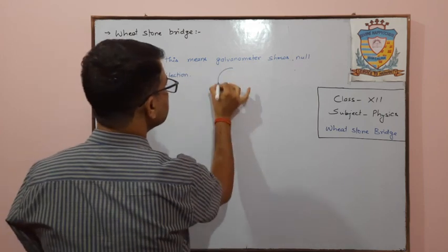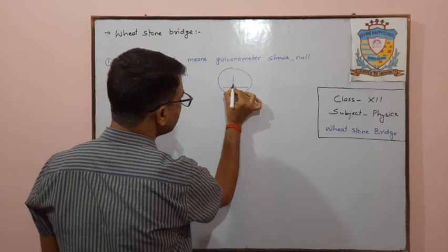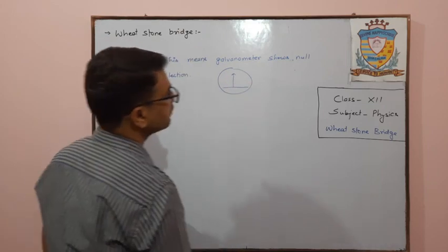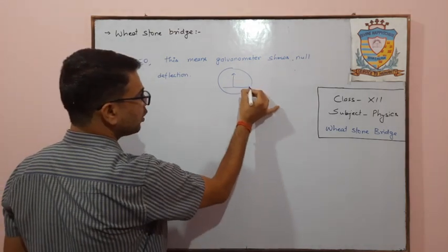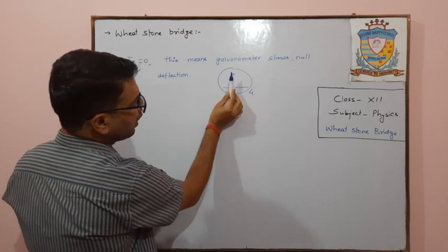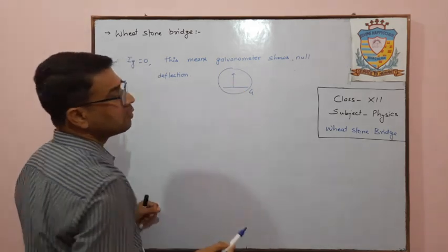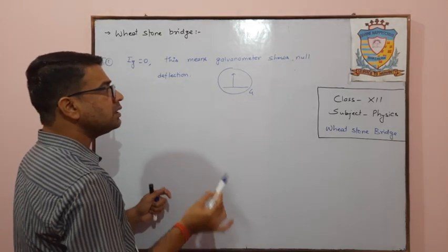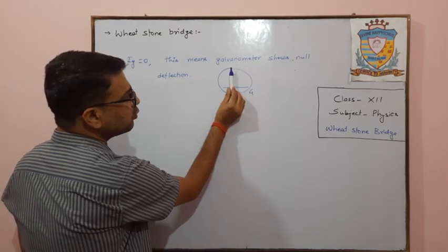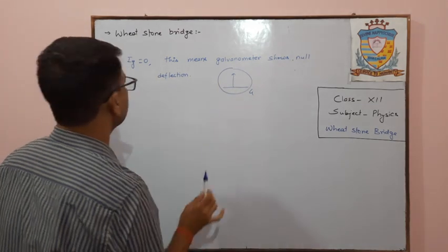Null deflection means, if you see the galvanometer, initially the needle is here at 0, and if there is increase or decrease in current, it moves in either direction. Clear? So this shows null deflection.